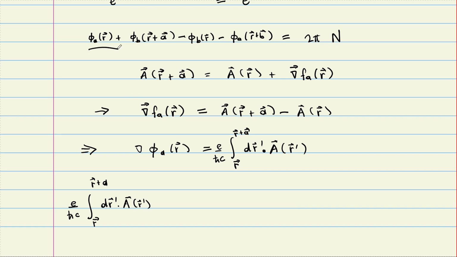So this is the first one. Plus there is a similar one. I'll just change the limits of the integral. This is the second one, and the second one is going from r.